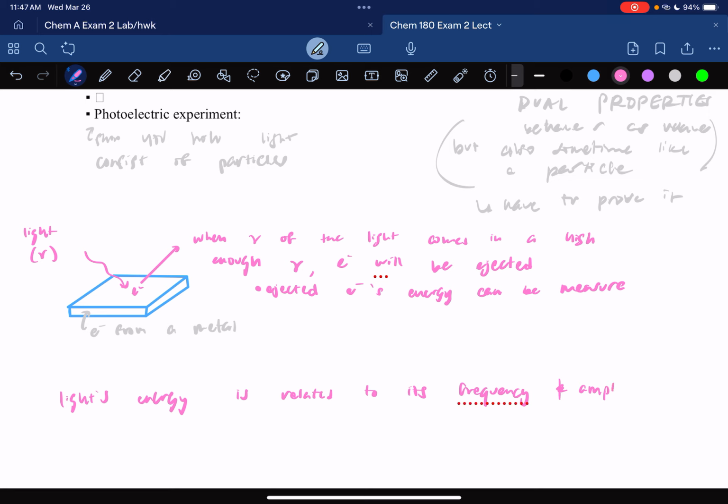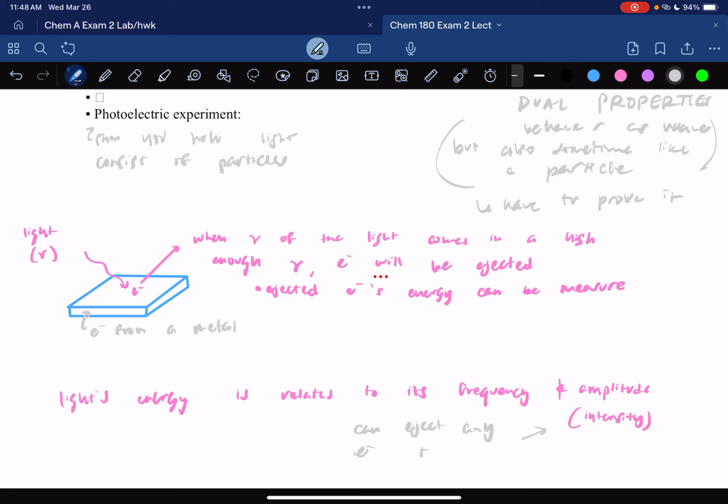So technically, I should be able to eject the electron with any kind of light. I just have to increase its intensity, right? Because we know that light energy is related to its frequency and its intensity. So if I shine brighter light, I should be able to eject the electron.